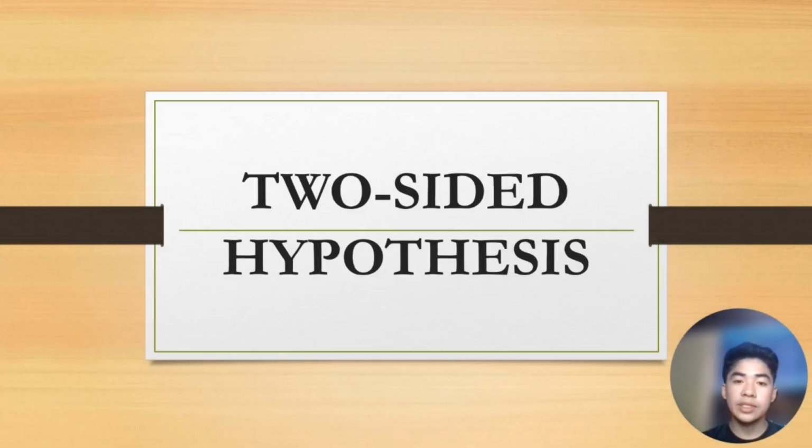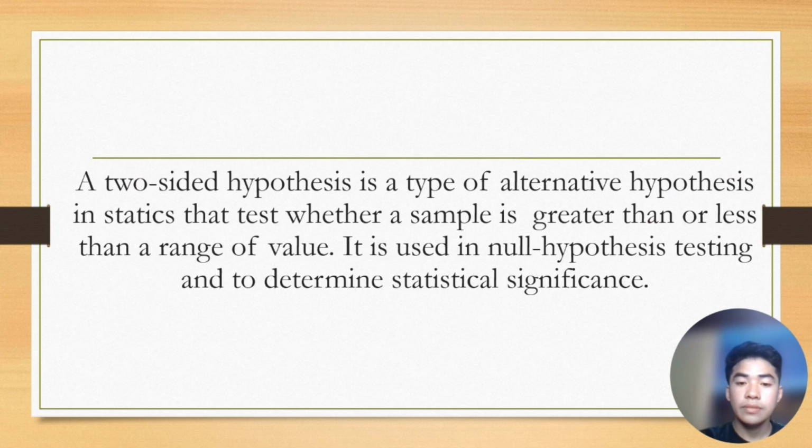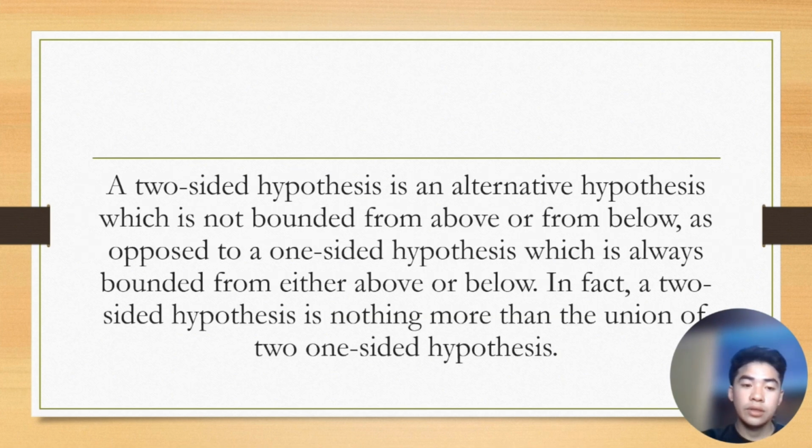Two-sided hypothesis. A two-sided hypothesis is a type of alternative hypothesis in statistics that tests whether a sample is greater than or less than a range of values. It is used in null hypothesis testing to determine statistical significance.